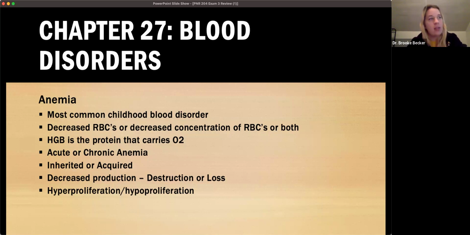Hypoproliferation means that there's less production. And then, of course, decreased production means either loss, so they're losing those red blood cells in some way, whether it's a traumatic thing where they're losing a lot of blood, or it's just simply being destroyed via hyperproliferation.